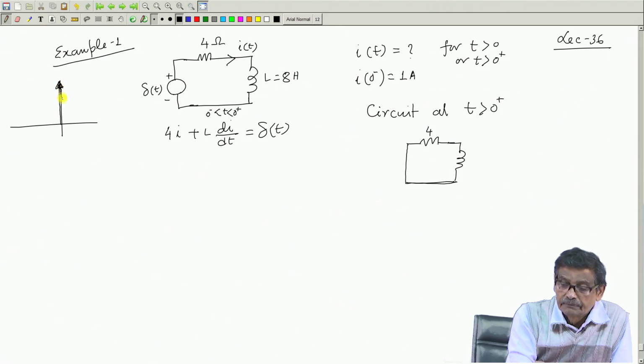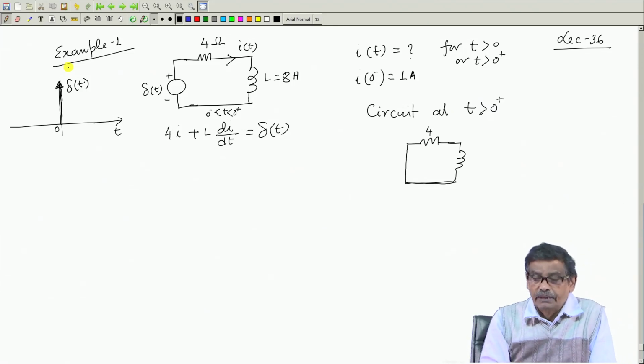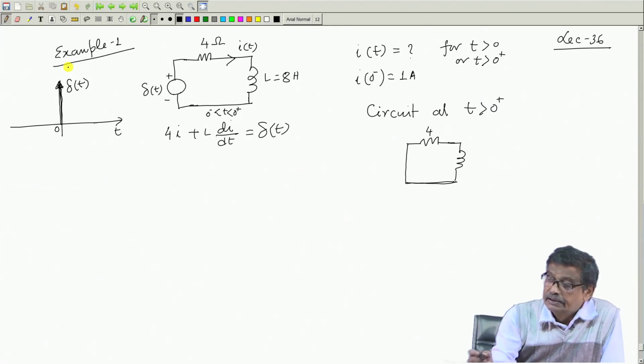This is delta t, and this is time, and this is t equal to 0. At t equal to 0, something happens.